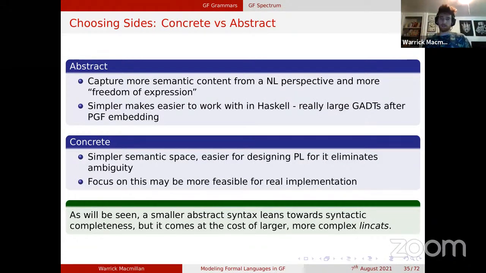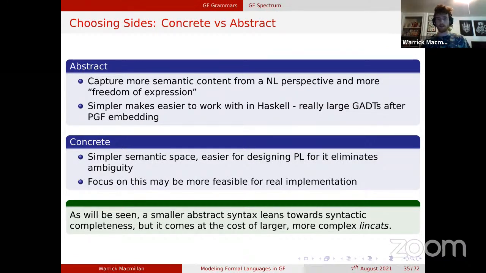This is just a personal perspective. Maybe it's been covered in different ways during this summer school, but when we have concrete and abstract syntaxes, the abstract captures more semantic content.